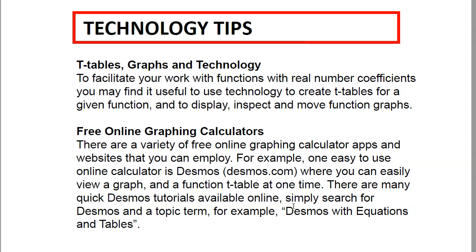There's a variety of them, apps and websites that you can employ. For example, one easy-to-use online calculator is Desmos, desmos.com, in which you can easily view a graph and a function t-table at one time.